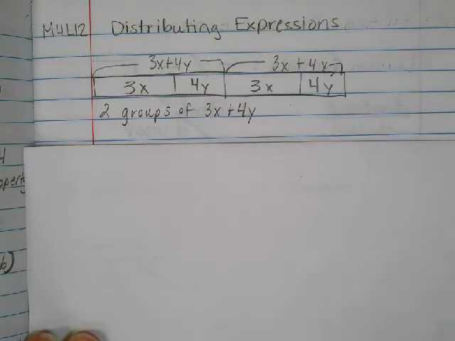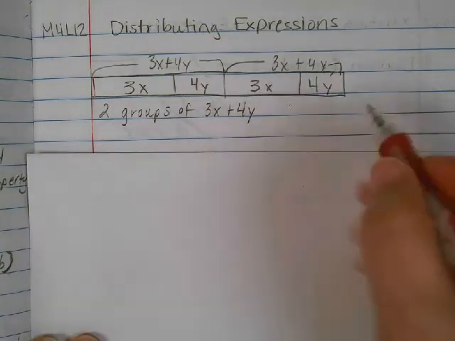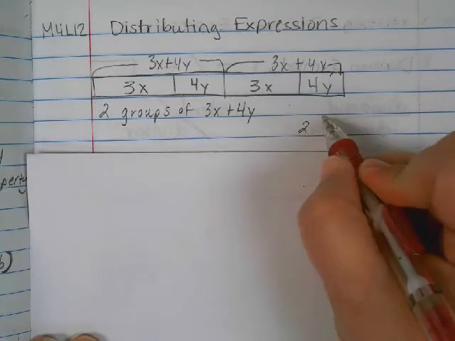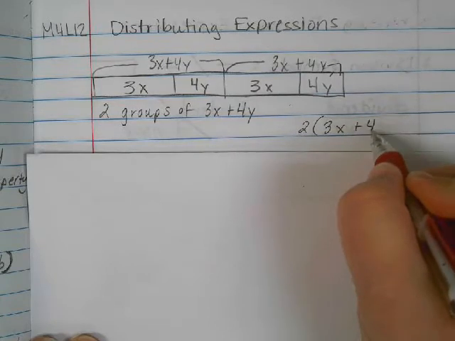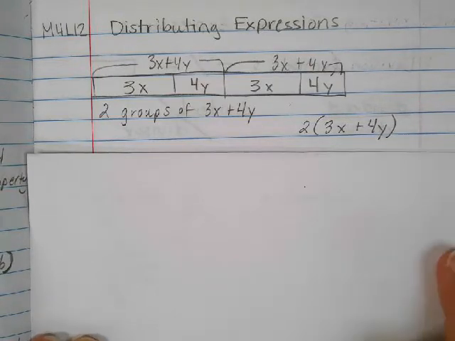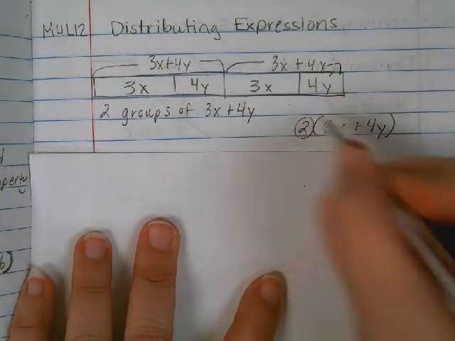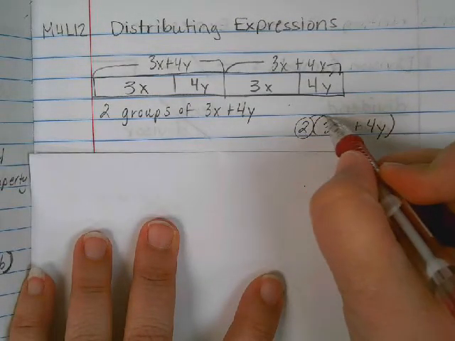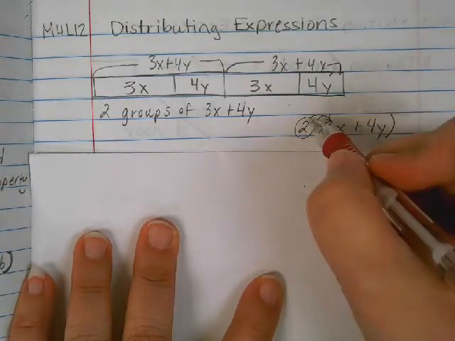Now we're going to look at what this means. So this statement says that there are two groups of 3x plus 4y. That's how we would write that statement as an expression. For distributive property, it means I'm going to distribute this number to each one of these factors.